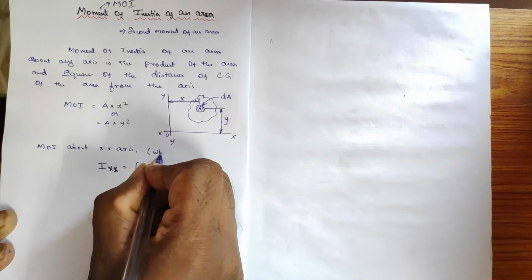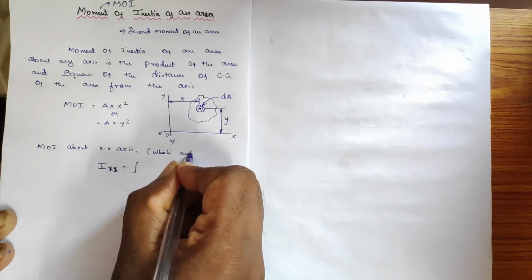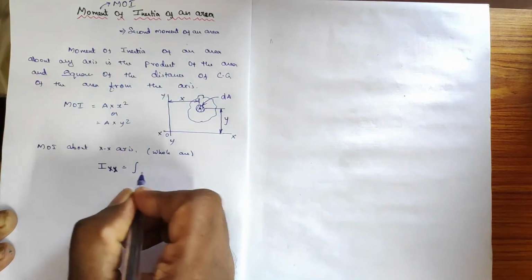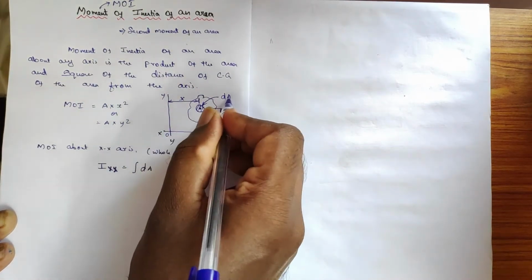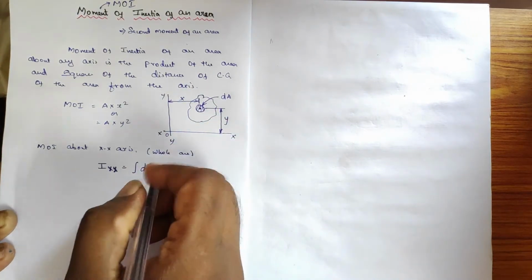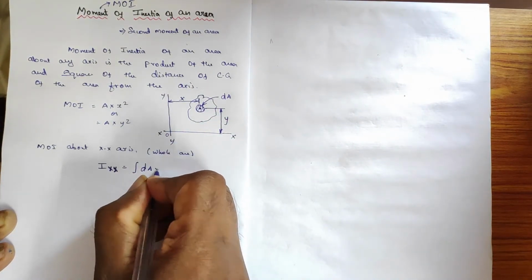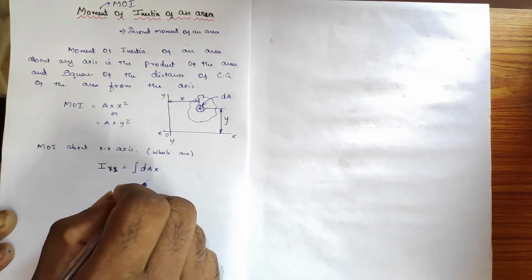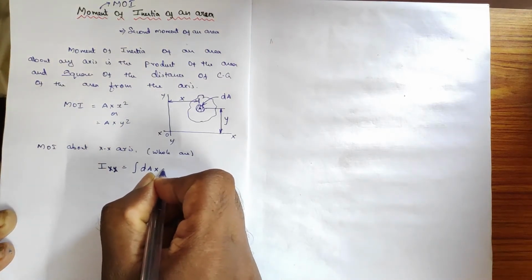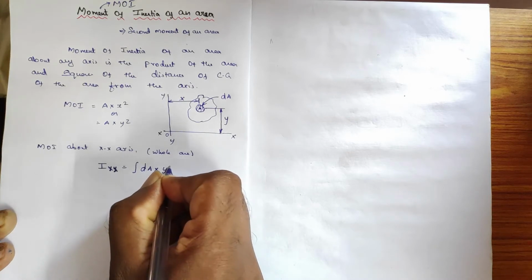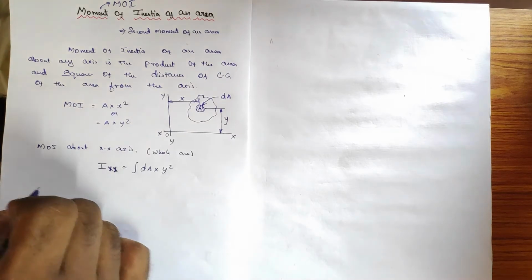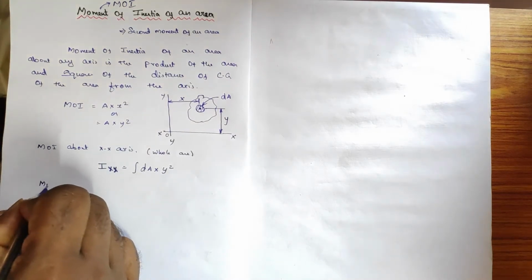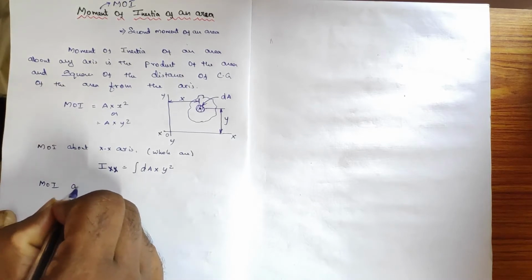So I integrate the smaller area dA into, it's a product, right, into the perpendicular distance, so y square, its perpendicular distance.